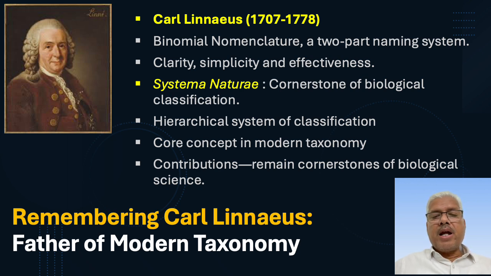While the specific ranks and groupings have been modified over time to reflect advances in evolutionary biology, the fundamental principle of the nested hierarchy remains a core concept in modern taxonomy. Linnaeus' system not only simplified the process of classifying organisms but also provided a powerful tool for understanding the diversity of life on Earth.